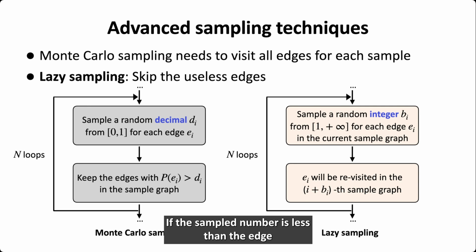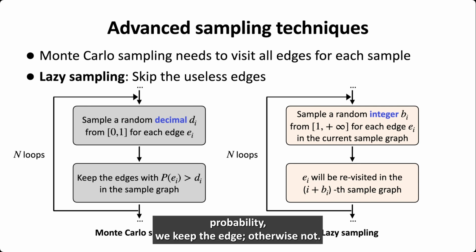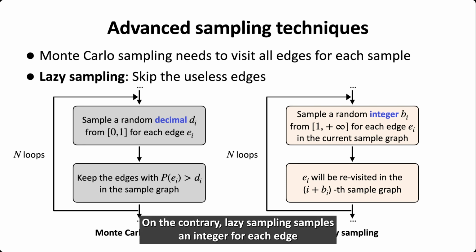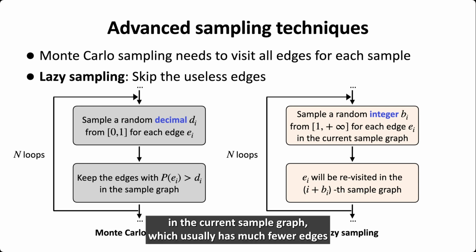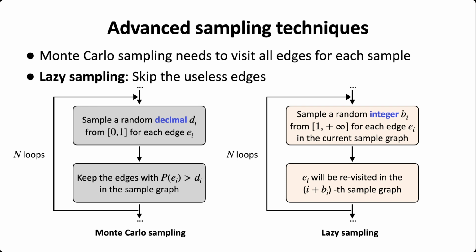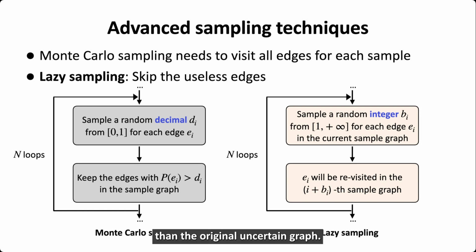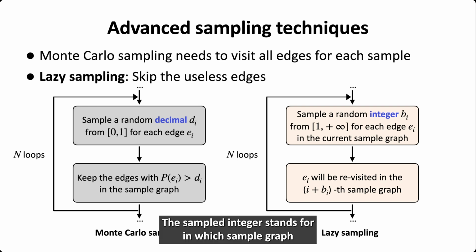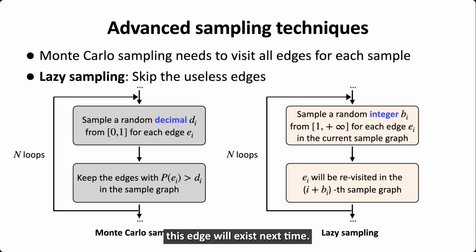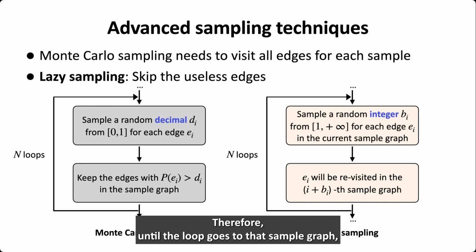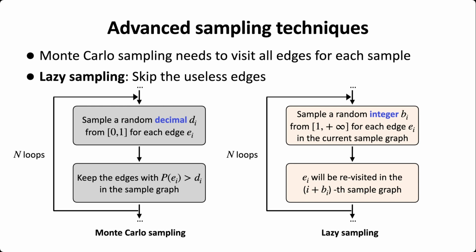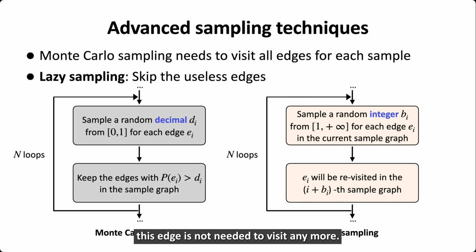If the sample number is less than the edge probability, we keep the edge, otherwise not. On the contrary, lazy sampling samples an integer for each edge in the current sample graph, which usually has much fewer edges than the original uncertain graph. The sampled integer stands for in which sample graph this edge will exist next time. Therefore, until the loop goes to that sample graph, this edge is not needed to visit anymore.